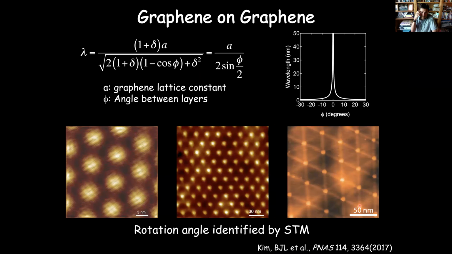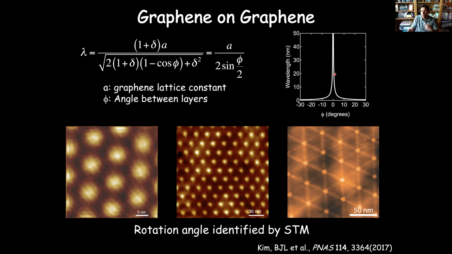For graphene on graphene, this is important because the equation I gave you for the wavelength as a function of twist angle has a divergence when the twist angle goes to 0, because delta is 0, they're identical lattices. It simplifies to basically the lattice constant divided by 2 times sine of the angle between them over 2.